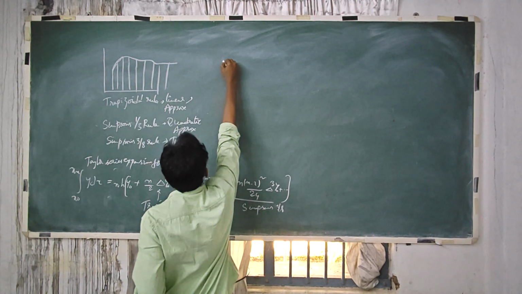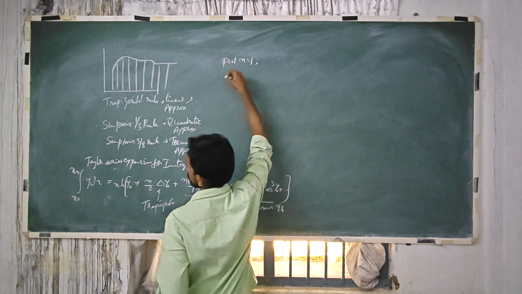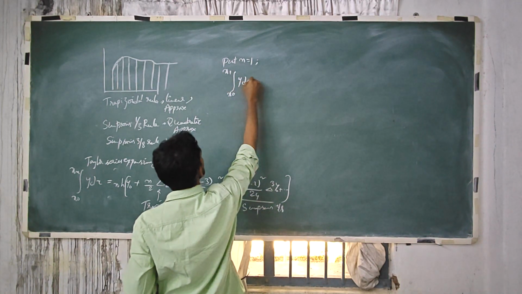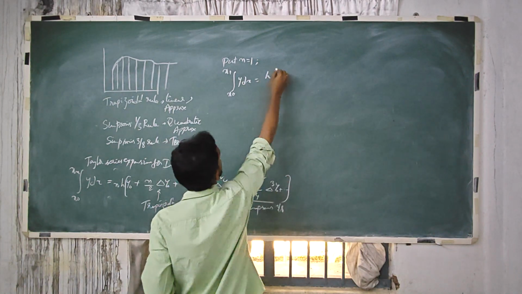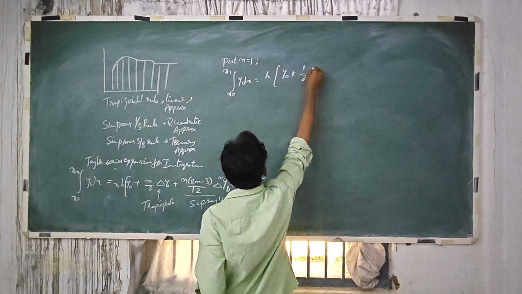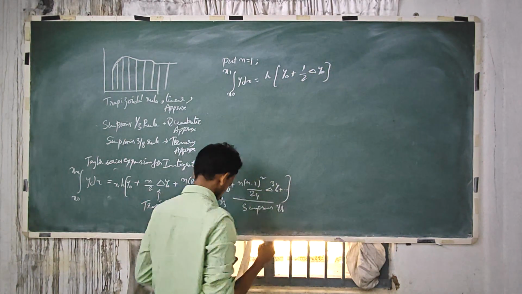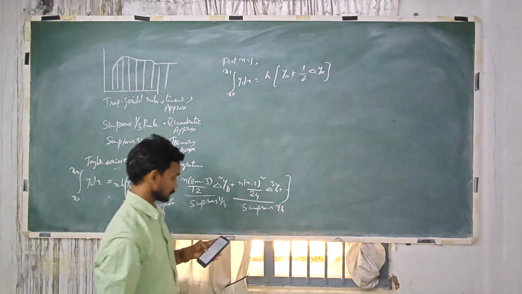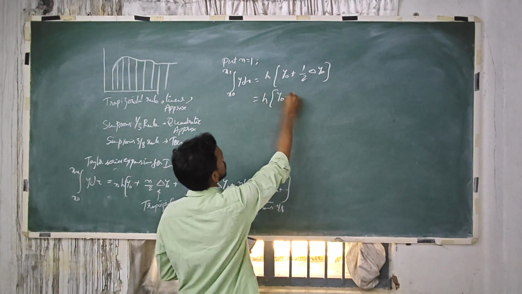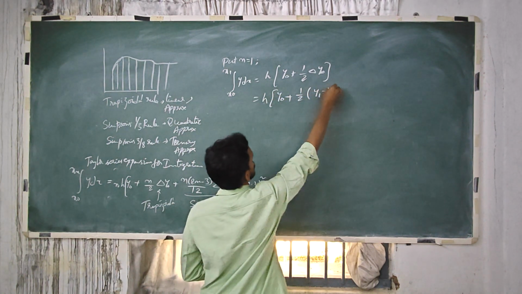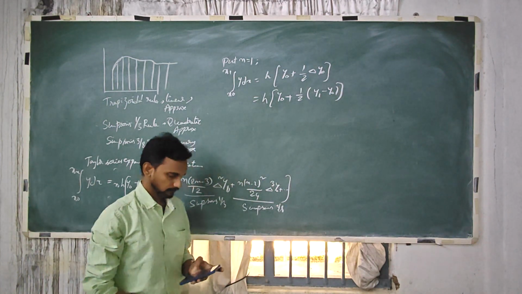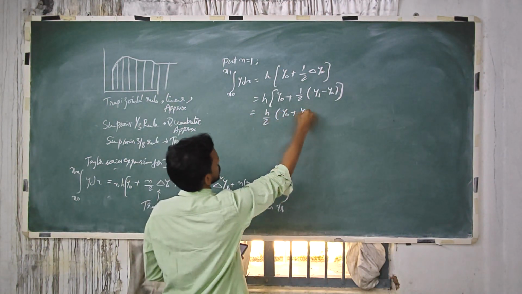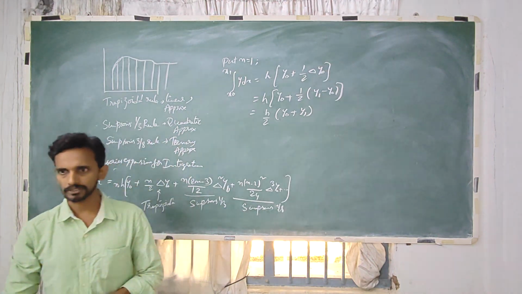So if you put n is equal to 1, this is h times y0 plus half, h by 2 times y0 plus y1. So this is the general term in the trapezoidal rule.